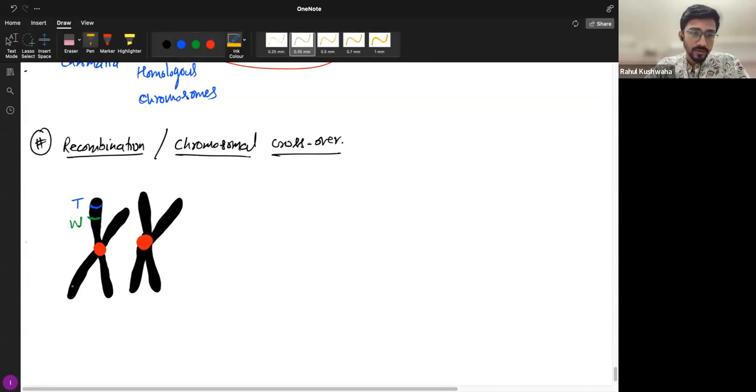And then there is one more gene, which is, let's say, for round and wrinkled. So let's say for round. Somehow this chromosome, which is from the mother, has all the dominant alleles. Let's just believe that. This is homologous, so it will also have the same loci for the genes, but let's say somehow this has all the recessive alleles, small t, small w, and here small r, correct?